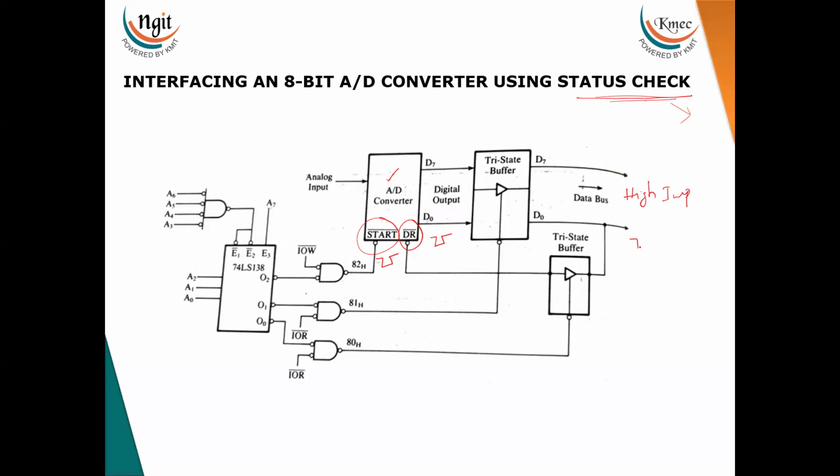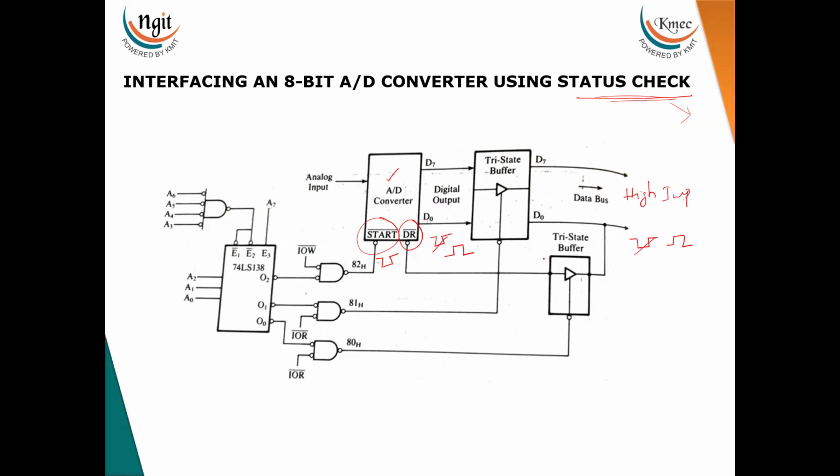If this D0 bit is low, the conversion is completed. If this D0 bit is high, the conversion is not completed. Before starting the conversion, this complete bus is in high impedance mode only. Once the data conversion is started, this DR bit goes high.